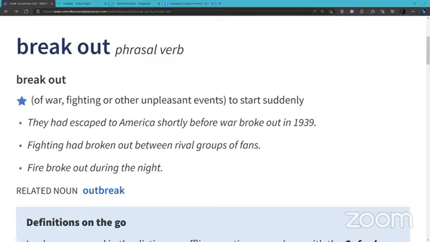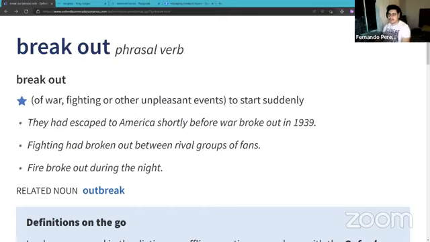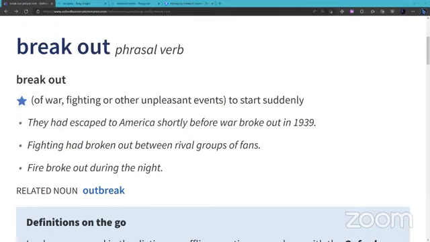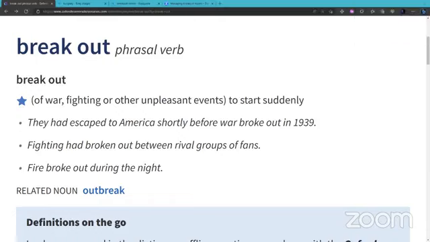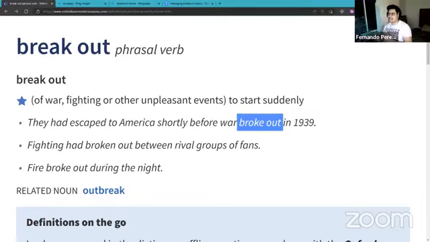Right. They had escaped from America shortly before... watch out, it doesn't say from. They had escaped from America shortly before war started suddenly in 1993.